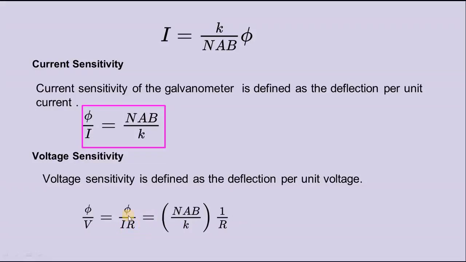That is equal to NAB by K into 1 by R. Here φ by I is current sensitivity, so we get the expression NAB by K in this equation. So you can say that voltage sensitivity φ by V equal to NAB by K into 1 by R.